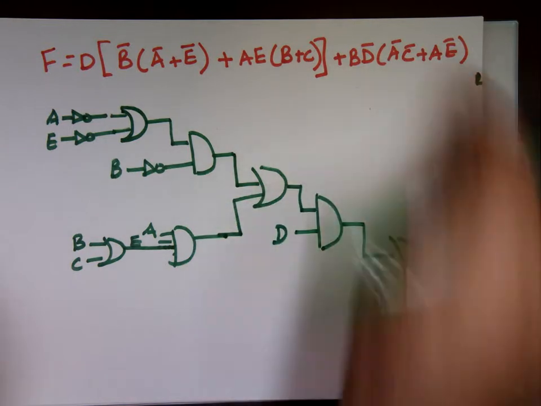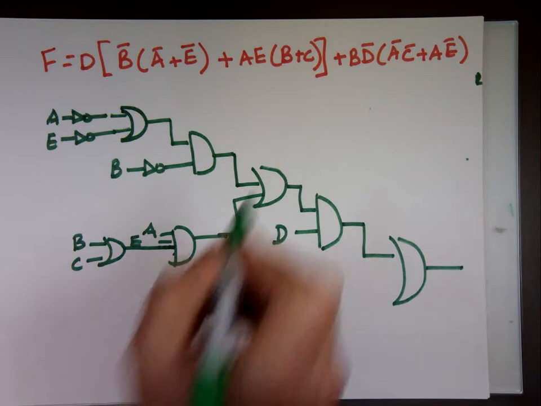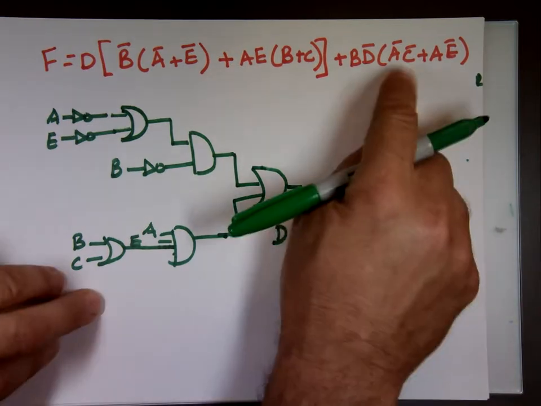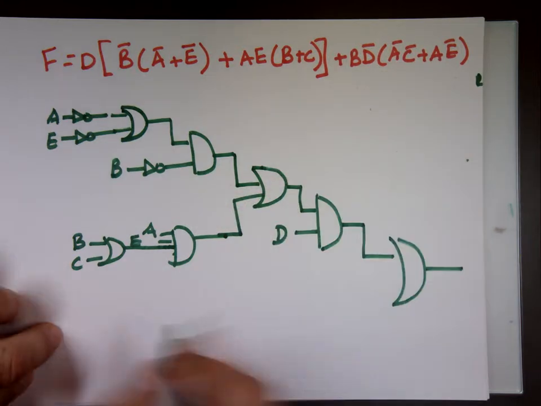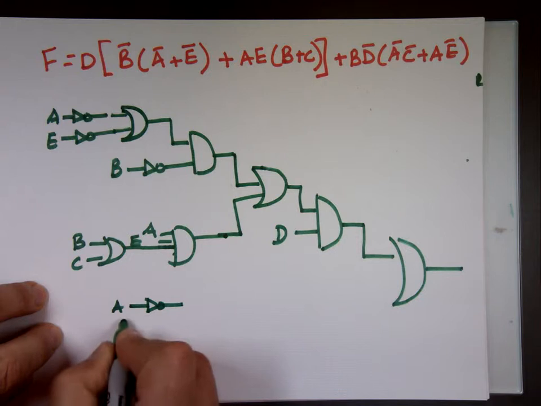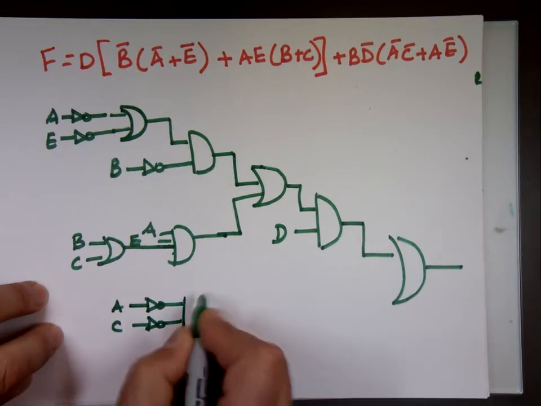Now let's look at the right side. The right side, what do we have? A bar, C bar, that's an AND gate. A, NOT. C, going through a NOT. AND them together.